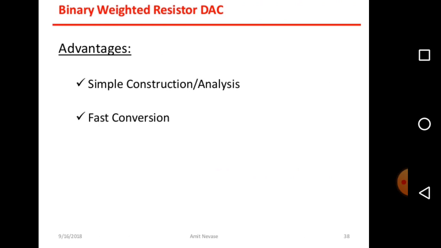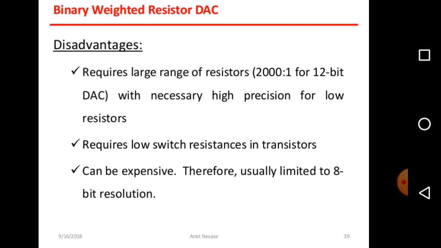Next, what are the advantages of binary weighted register DAC? Simple construction or analysis, fast conversion. Then what are the disadvantages of this binary weighted register DAC? It requires a large range of registers, that is 2048 to 1 for a 12-bit DAC, with necessary high precision for low registers.